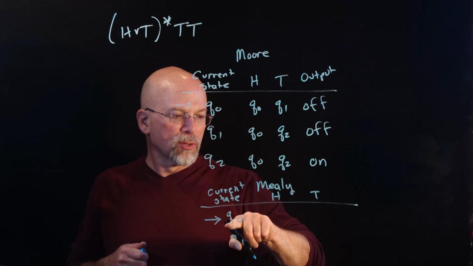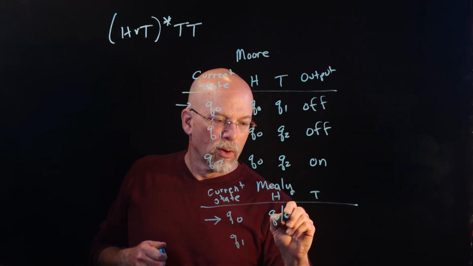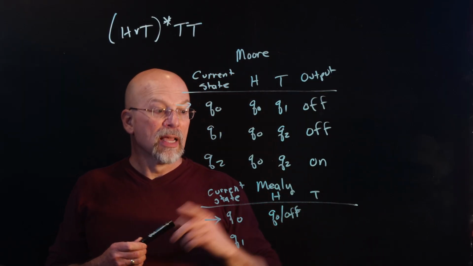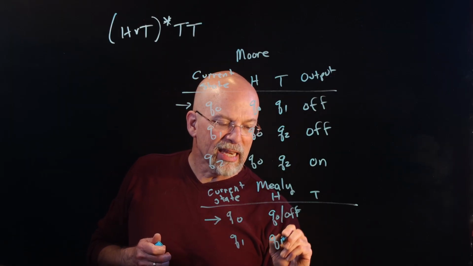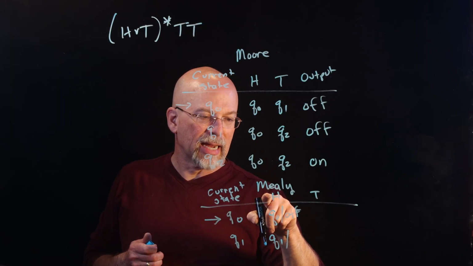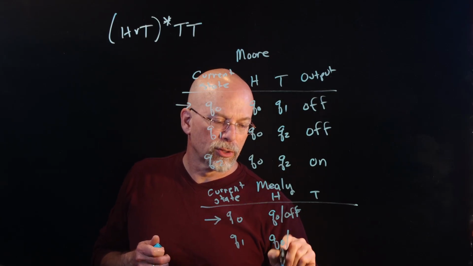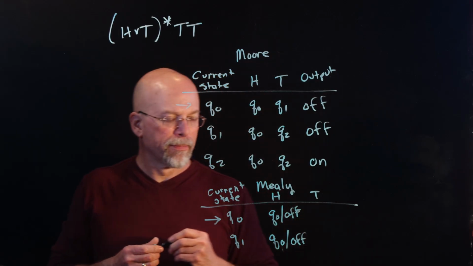So if I was in Q0 and I got a heads, I stay in Q0 and continue to leave the output off. And remember, that's true for Q1 too. If I'm in Q1, any time I get a heads, I'm going back to Q0, and I'm going to leave the bulb off.